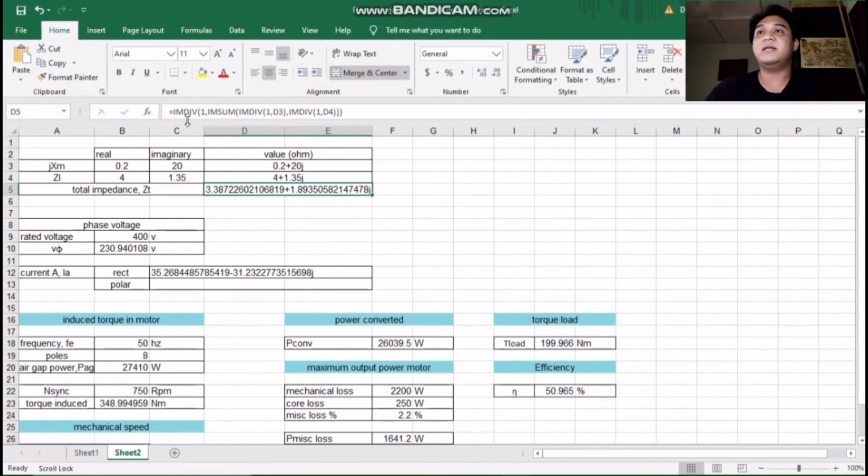This is IMDIV for complex numbers, and IMDIV is used to solve two complex numbers and then divide them. So we get all the values from the Excel, the same as the manual calculation that we made on paper.